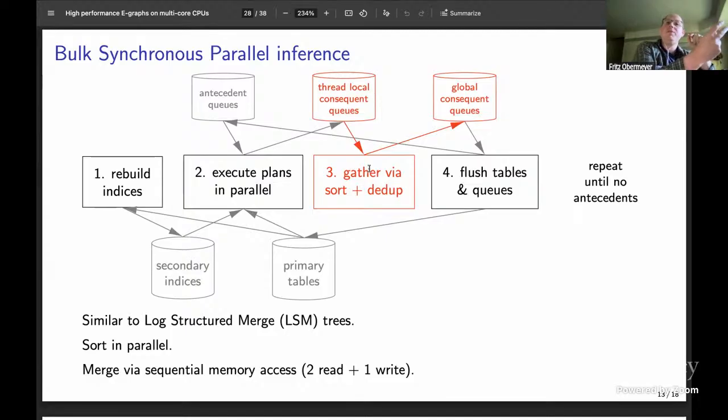It's two read heads and a write head zipping through memory, being friends with the hardware prefetcher, and it's super fast. In theory, I could do log structured merge trees and merge these things in a tree, but it's so fast that I haven't even needed trees. There's a single global mutex, and every worker, when it's done, just grabs the mutex and merges its stuff in.